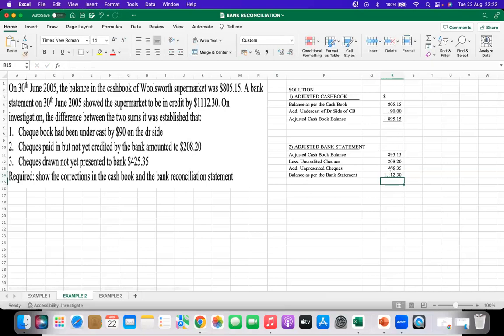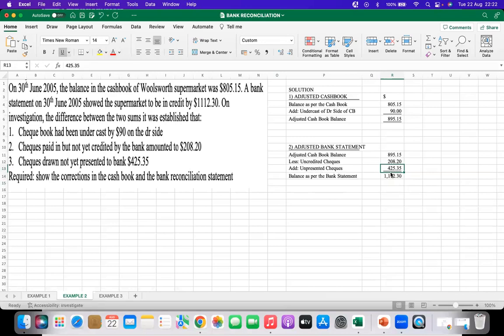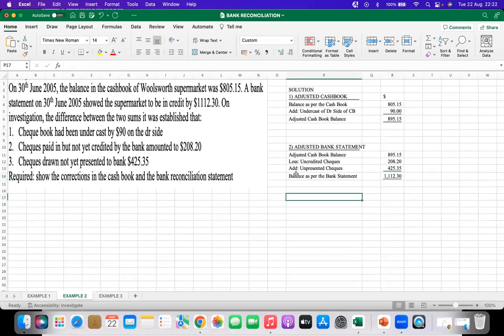So what you get is 1112.30. Now, how do you confirm that the figure you have is correct? If you are given the bank statement balance, you compare it to your bank statement balance.